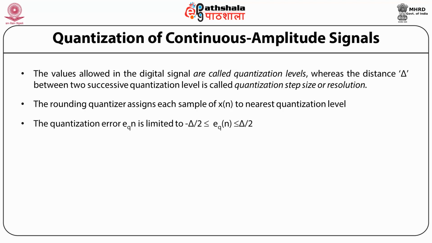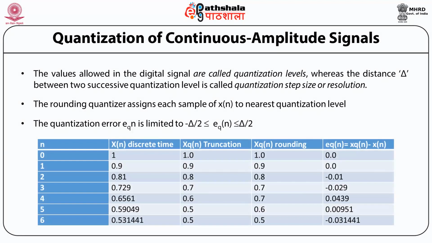The quantization error eq(n) is limited to between minus delta by 2 and plus delta by 2. Students, this table shows the different values of x(n) for different values of n, then xq(n) after truncation, then xq(n) after rounding off, and the quantization error, that is the difference xq(n) minus x(n).